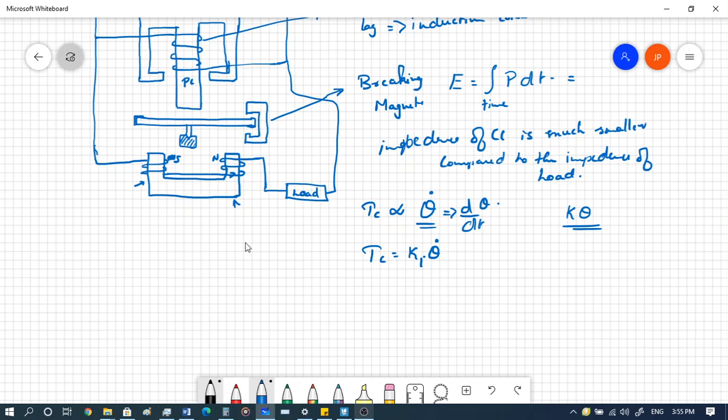So we'll get the deflecting torque TD is proportional to Vc of t, or V of t, which is again proportional to IPC of t, and TD is also proportional to ICC, the current coil current, right?